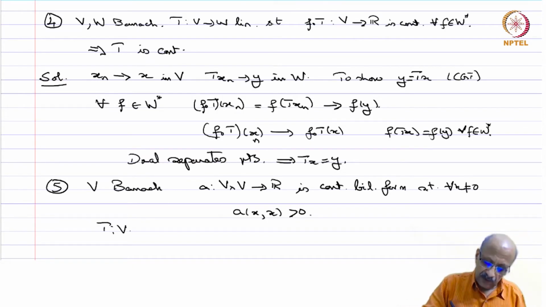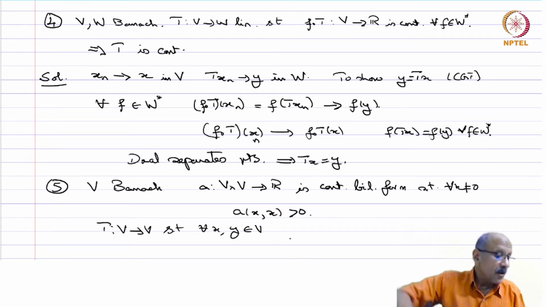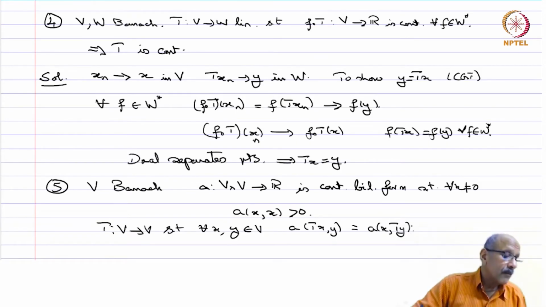T from V to V such that for all x, y in V, we have A of Tx y equals A of x Ty. So this implies T continuous.